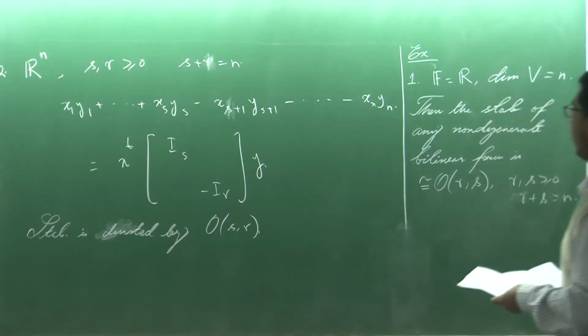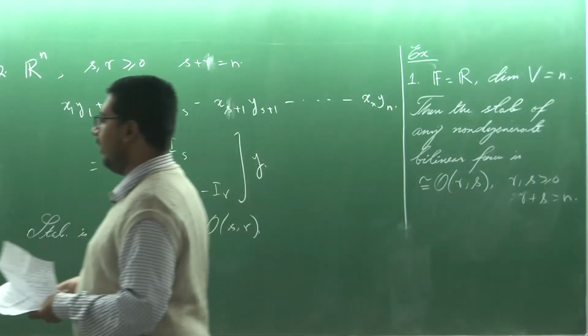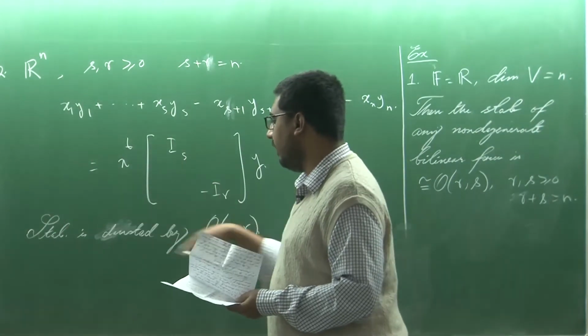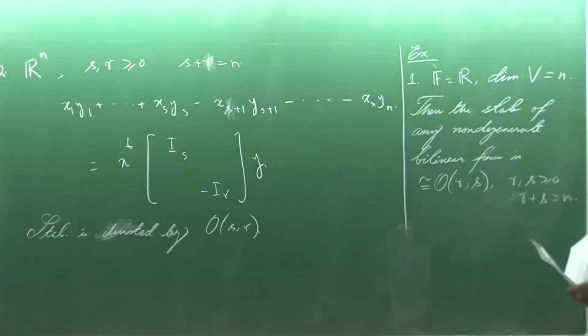So the first exercise says that if the form is non-degenerate, of course on a finite dimensional vector space, then stabilizers will be nothing but these generalized orthogonal groups.